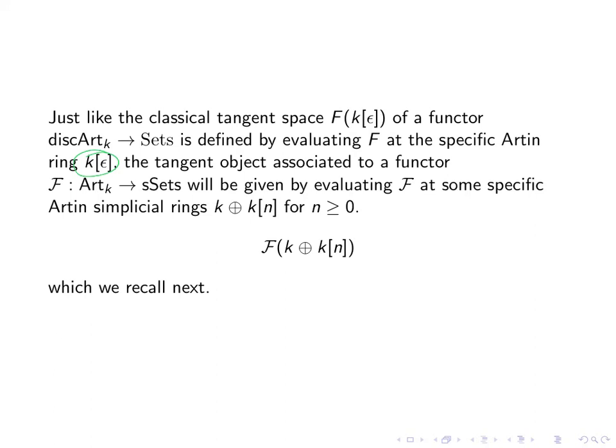What we're going to do is take our strictly cohesive functor f on Artin simplicial rings and evaluate it at a whole bunch of Artin rings of this specific form: k plus the square zero extension of this module k shifted by n. So we're going to recall what these modules and rings are in the next few slides.